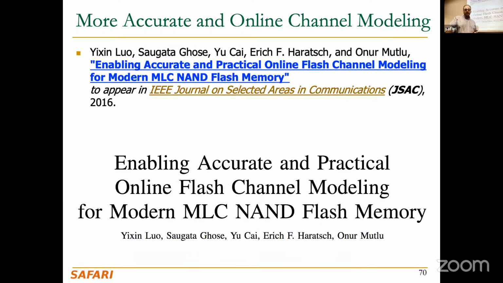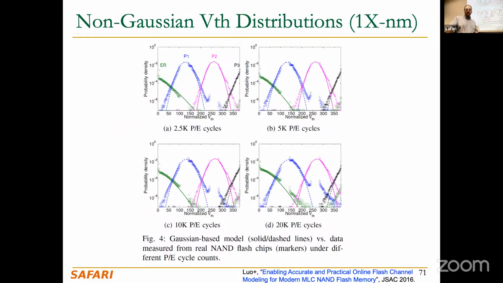So yeah, this is the paper. Later on, I'd like to show this one. When we use more advanced flash technology, like 1x nanometer, we will see that the distribution is not actually perfectly Gaussian. In this figure, those points are measurements.